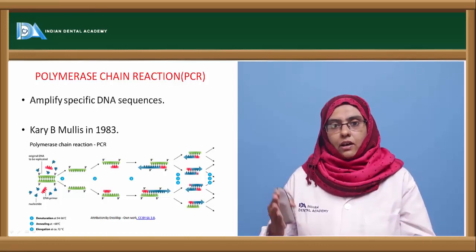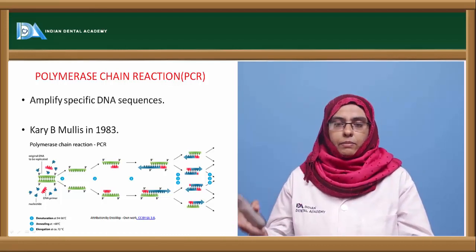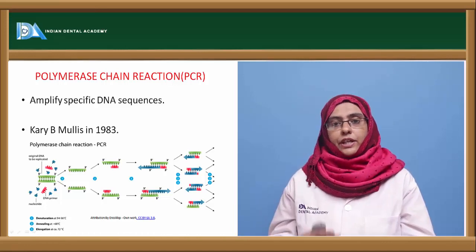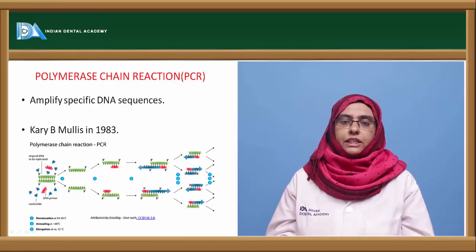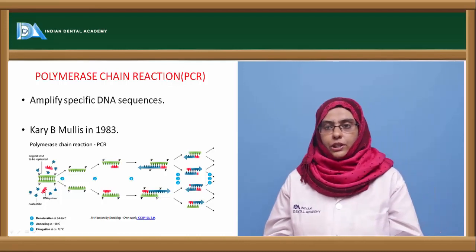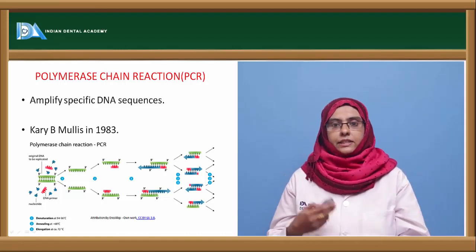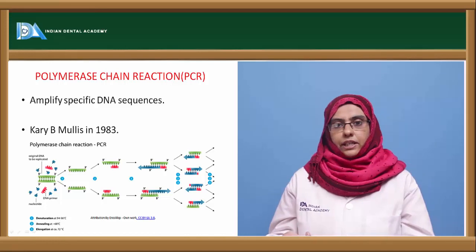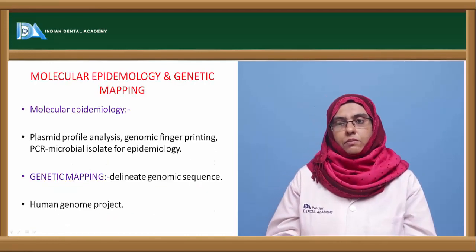So this is one round of amplification. Similarly, you can have 20 to 50 rounds of amplification to increase the amount of DNA molecule that can be used for the analysis and manipulation of DNA in molecular biology.